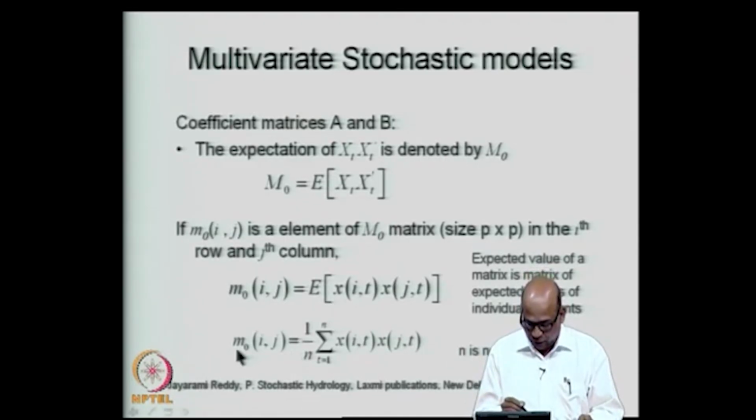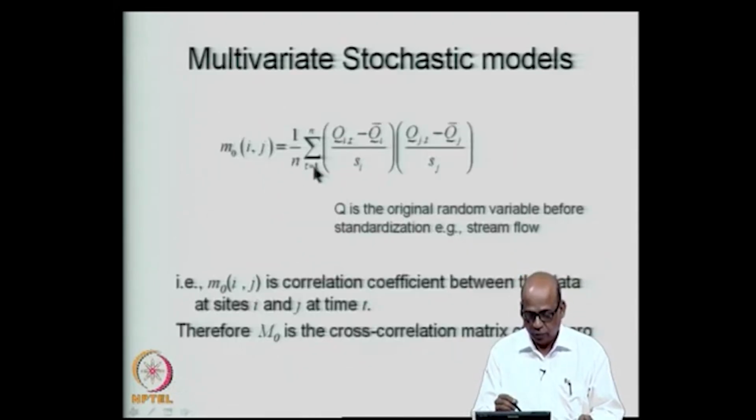And therefore, I will write this M naught ij, which is the ijth element in the matrix capital M naught, as 1 by n, sum over t equal to 1 to n of (q_i(t) minus q_i bar) into (q_j(t) minus q_j bar), divided by s_i and s_j. This is the original observed value, and it is a mean, and that is a standard deviation at site i, similarly at site j.